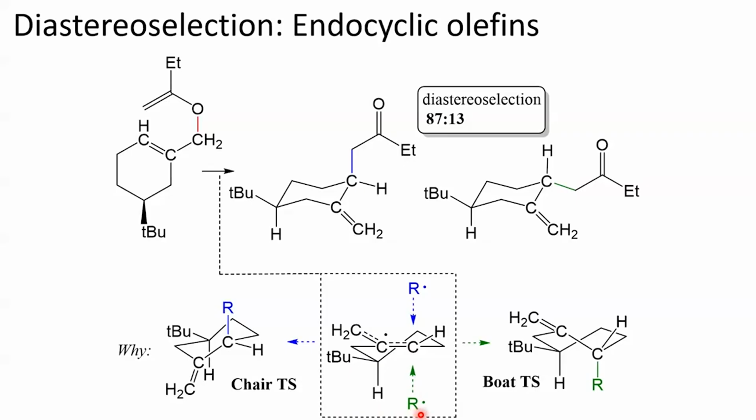Now, to know which situation is preferred, we actually need to think back to strained cyclohexanes containing a double bond and the preferred conformation that they would like to take once reaction occurs and that double bond disappears. So essentially in this form, this cyclohexane cannot adopt its preferred chair conformation because it has this double bond locking these atoms into planarity.